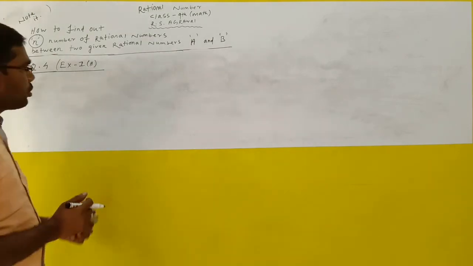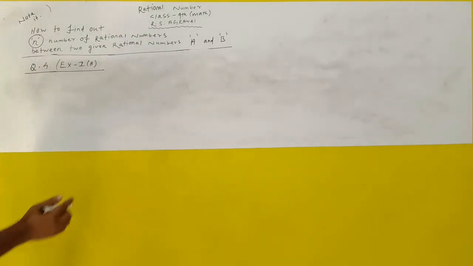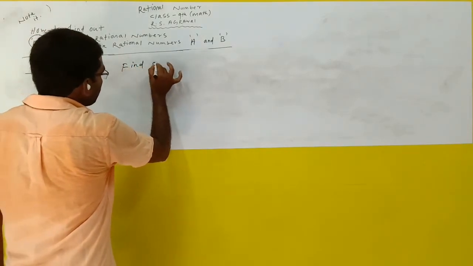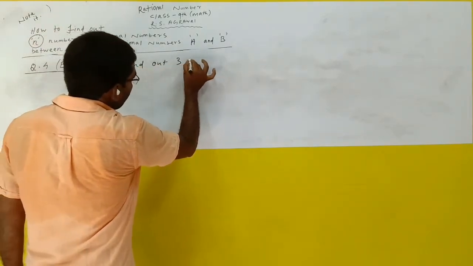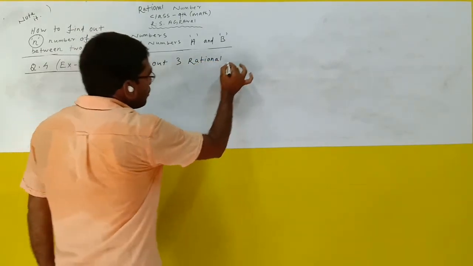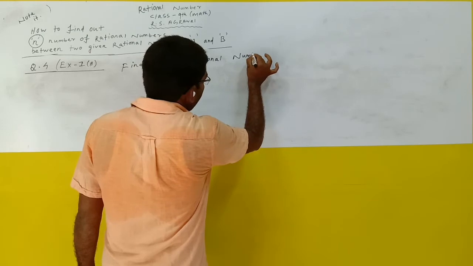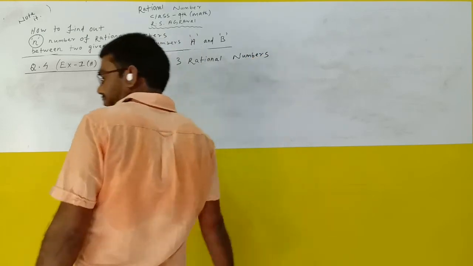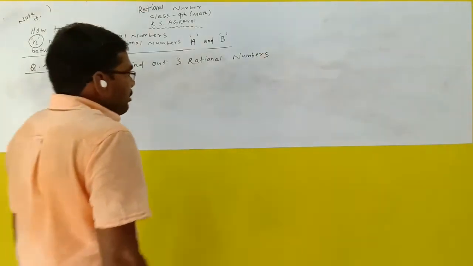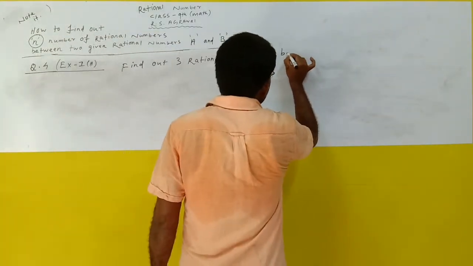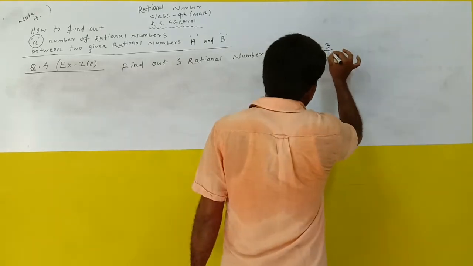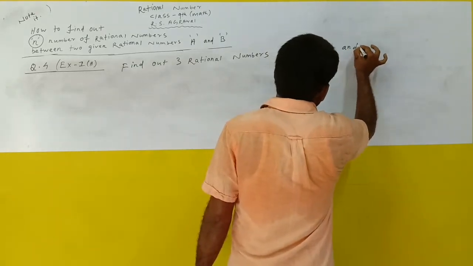Suppose your question is: find three rational numbers between 3 by 5 and 7 by 8.